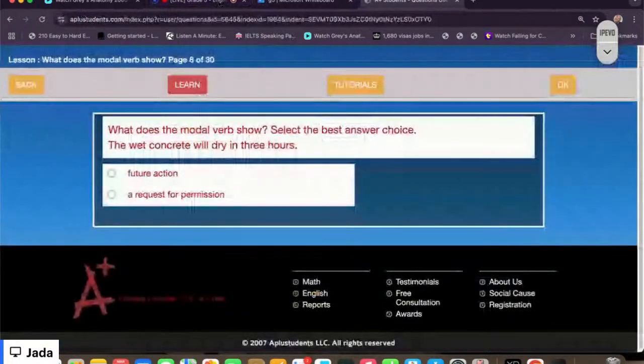What do you think here? So a future action. Will.